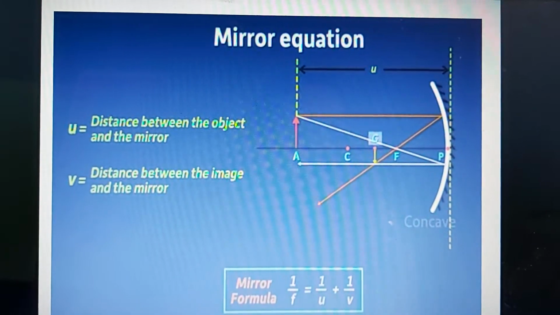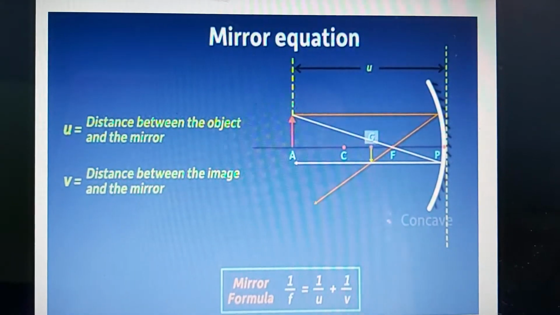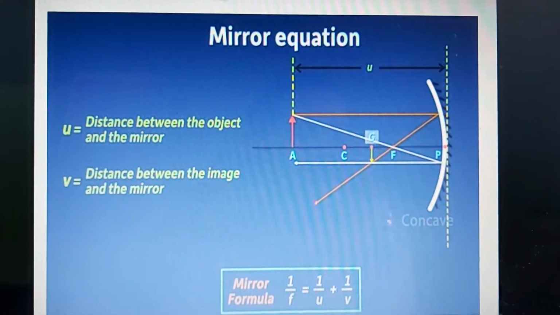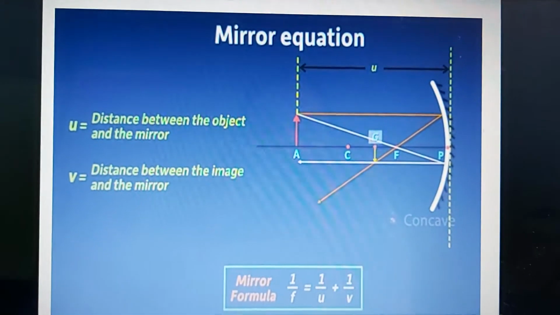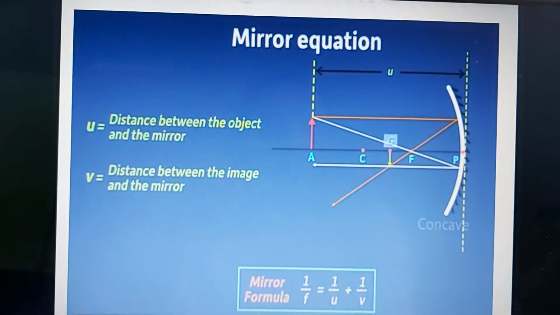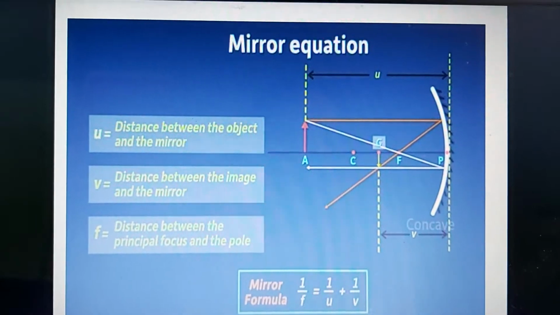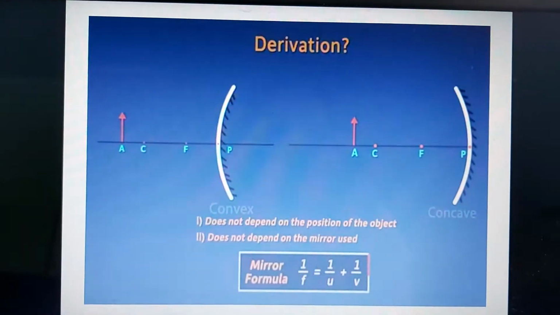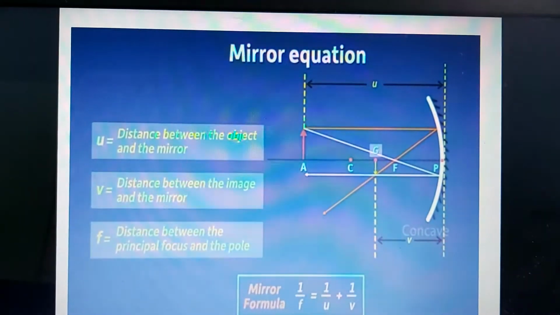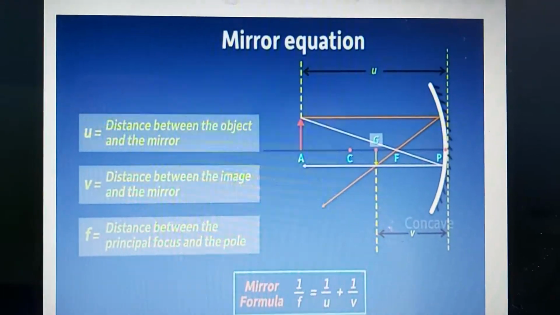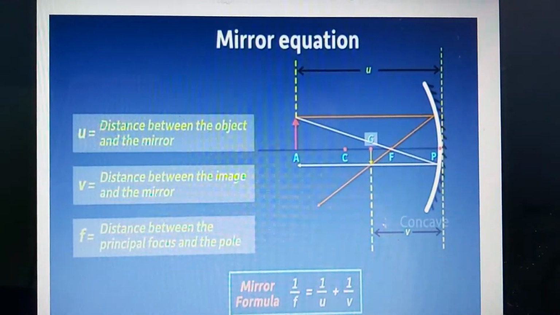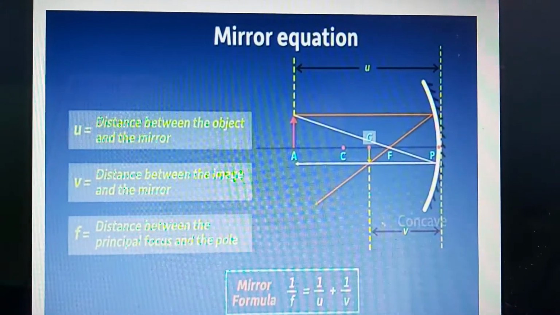What if we had placed the object somewhere else? Would there be a change in the formula?